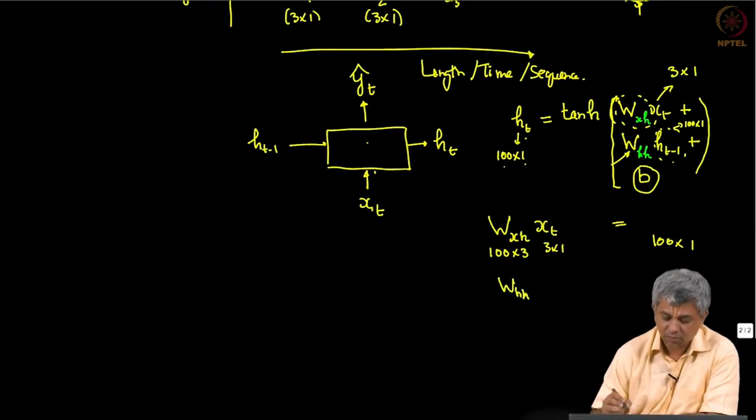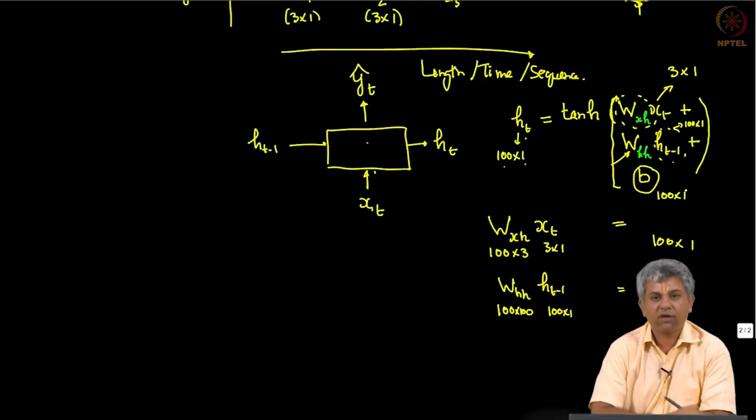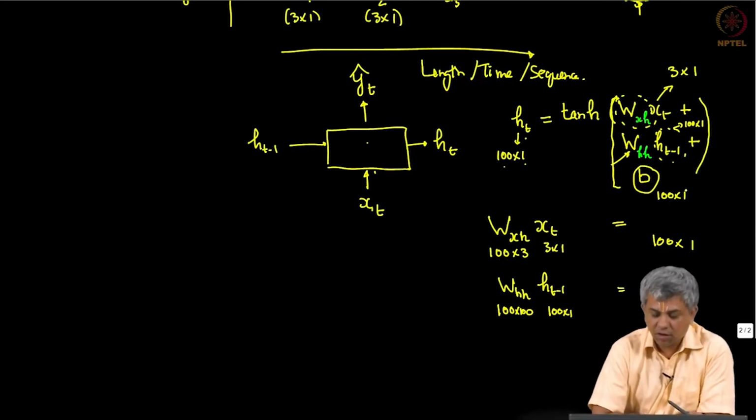Similarly, whh has to be 100 cross 100, so that it can take a 100 cross 1 matrix and give a 100 cross 1 matrix as output. Simple dimensional consistency requires that you have 100 biases for a 100 cross 1 matrix here.